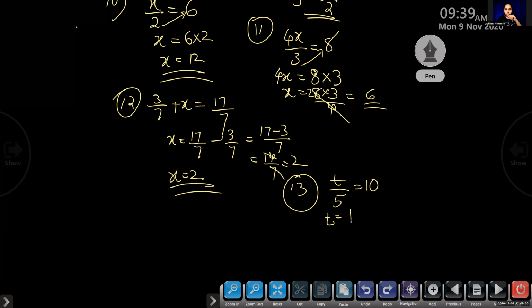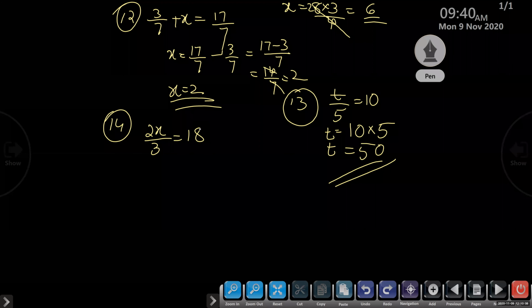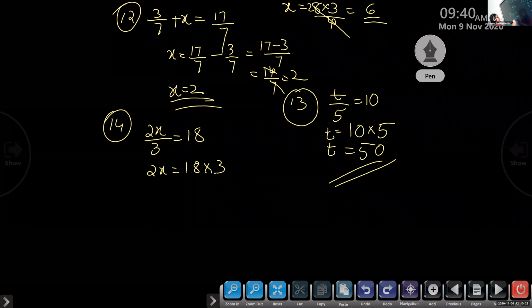Question number 14. 2x by 3 equal to 18. So, first 2x equal to 18 into 3. We will do the multiplication finally.